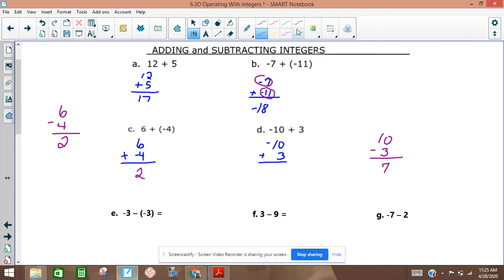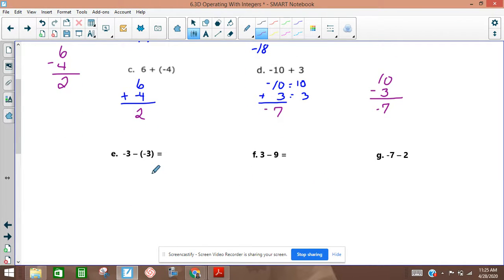Now you ask yourself, the absolute value of -10 is 10, and the absolute value of 3 is 3. So which one has a greater absolute value? That will be 10. Since the 10 is negative, my answer is going to be -7. Keep that in mind.